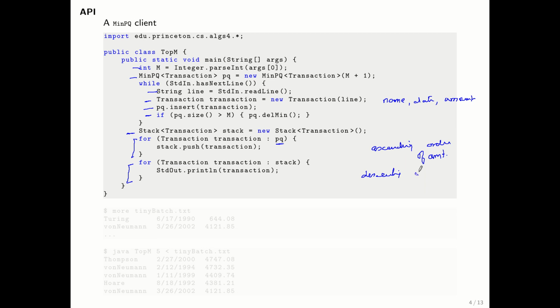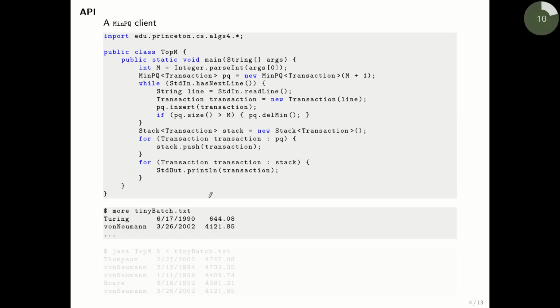Okay. And that's because of the last in first out policy that the stack data structure implements. Okay, so we are simply iterating over the transaction objects in the stack, and they come out in descending order of amount. All right, so this program is called top m because we are printing the top m transactions.